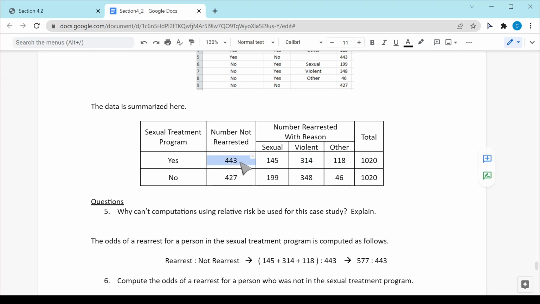There's 443 that were not. Now, why can't we use computations of relative risk in this study? We cannot use computations of relative risk because I have forced the groups to have the same number of total observations here.